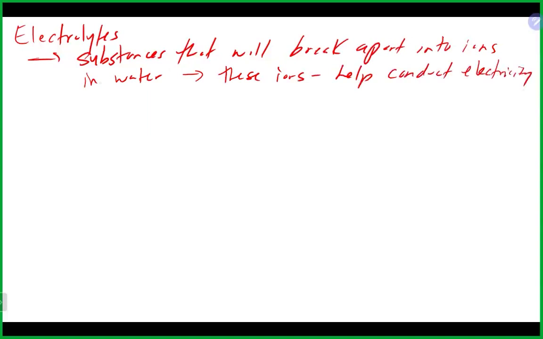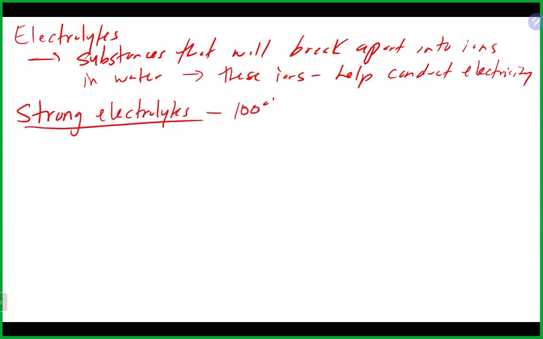Now, there's different types of electrolytes. There are strong electrolytes. Strong electrolytes will 100% break apart in solution. And you pretty much have all ions. You have none of the whole units together.